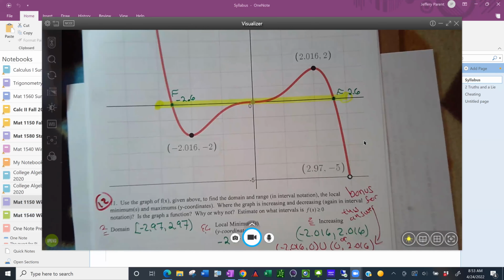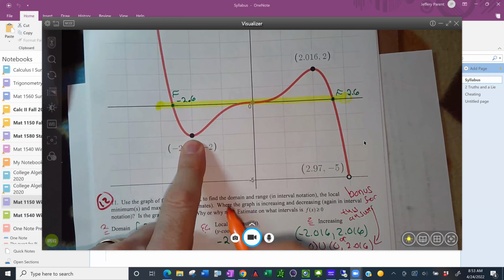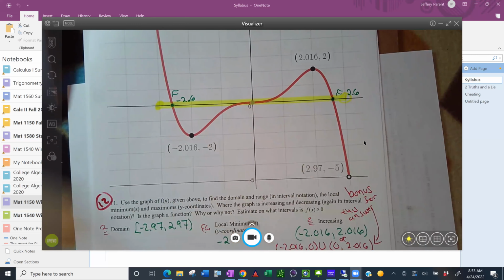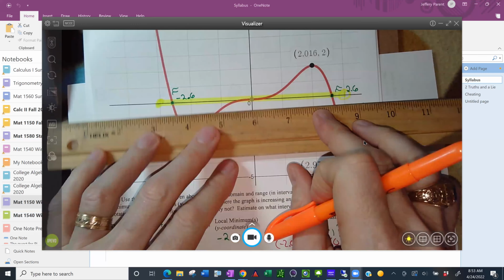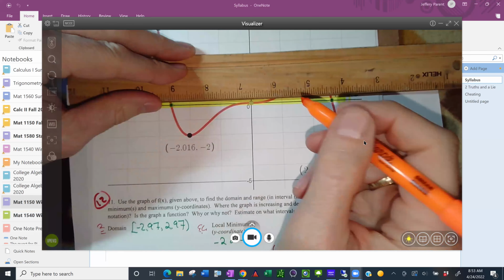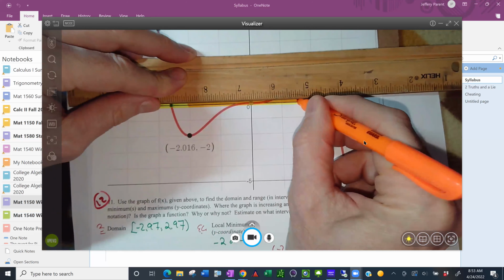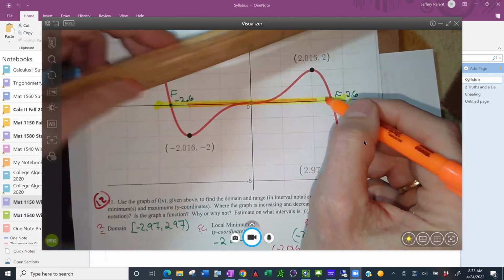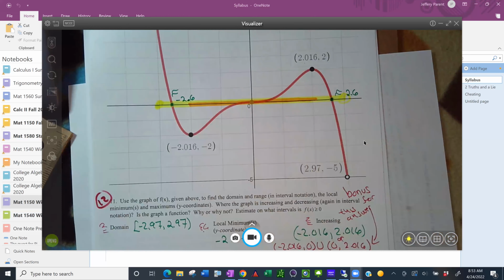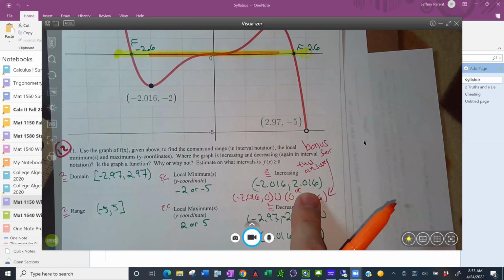Increasing and decreasing. So the function's increasing starting here over to here. Now that's going to mean increasing along the x-axis. So it's going to start around here, and it's increasing all the way to the right until we get to this point right here. So those x coordinates are going to be from negative 2.016 to 2.016.